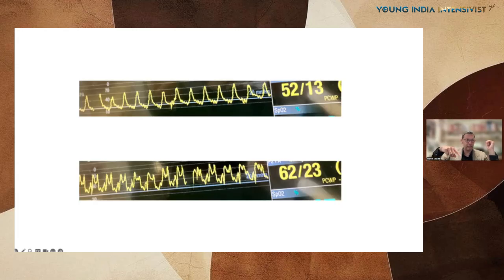The dicrotic notch looks like it's got another peak, because the V wave, the left atrial pressure, is reflecting back into the PA pressure. If you saw this waveform and then tried to wedge this patient, you would have a high risk of rupturing the PA, because it's already in a wedge position, and now you're inflating the balloon.